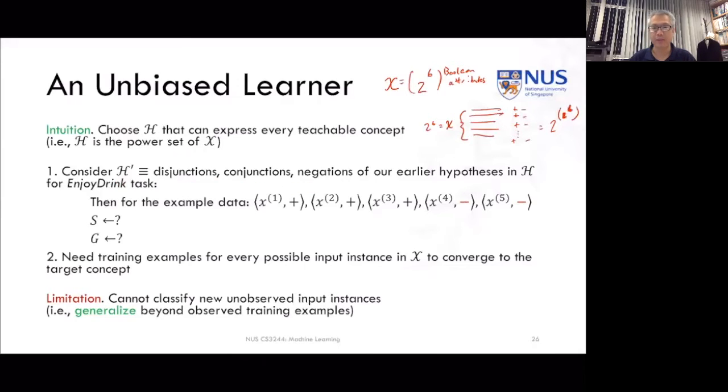Let's say we expose any particular learner that can learn this space to the example data, right? So if we take a version space, a candidate elimination algorithm that can express this very general teachable concept space, then what are we going to have for our most specific and most general boundaries? Well, let's think about it a second here.